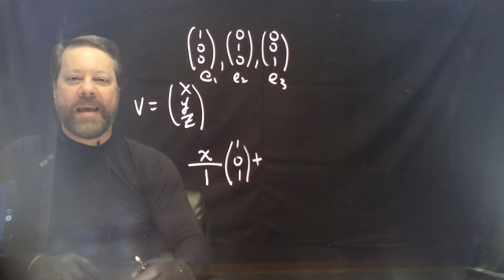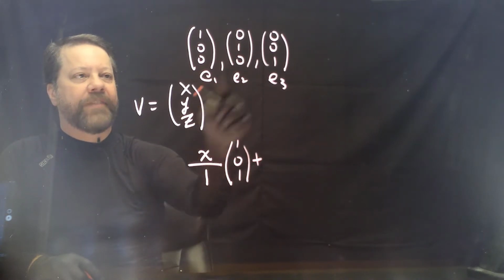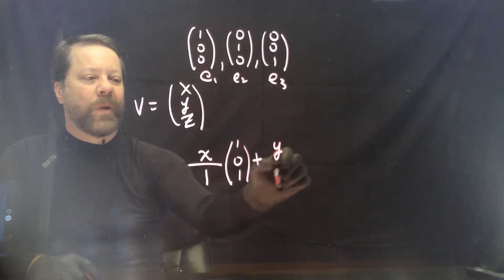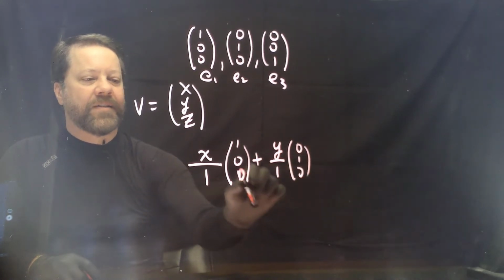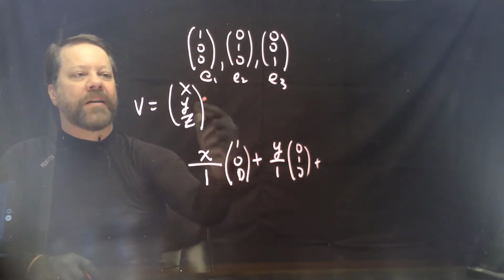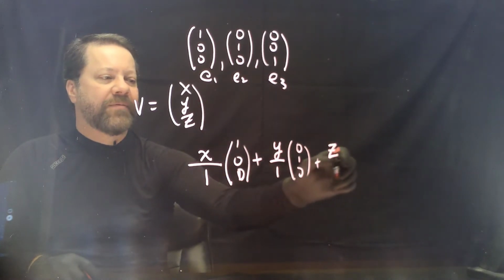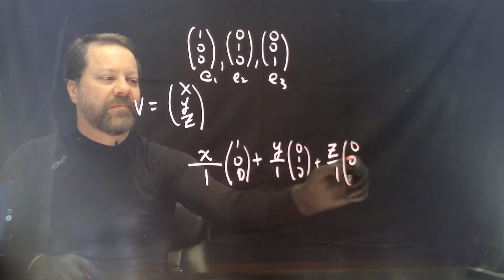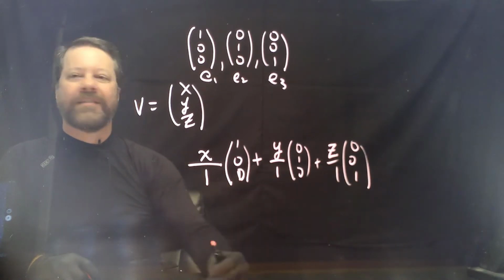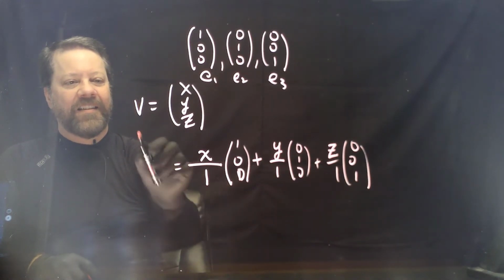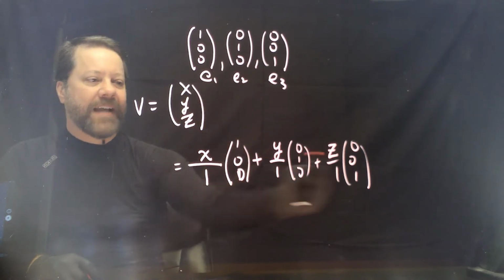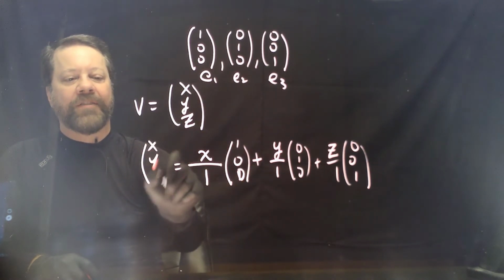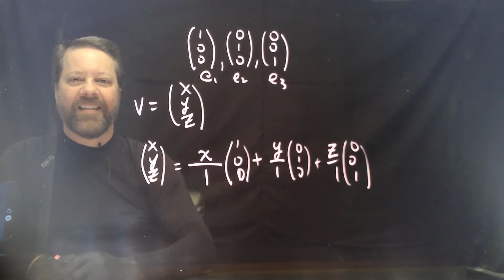To that we may add the dot product of v with E2, which is y. This is 0. And the dot product of v with E3, which is z. And sure, when we project v onto each of these three orthogonal directions and add that up, we recover the original vector.